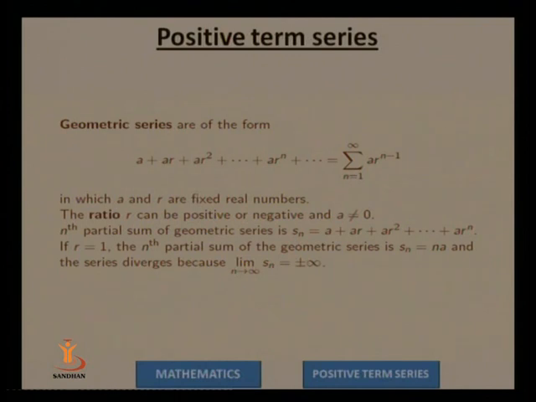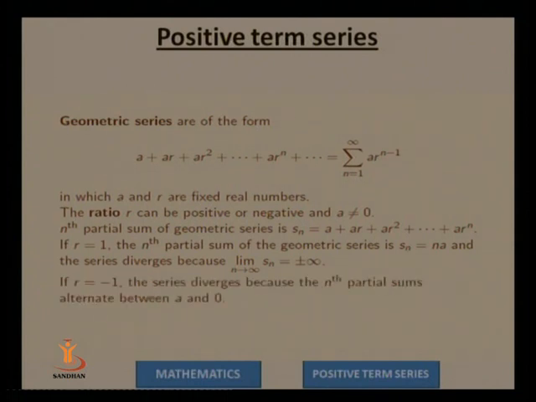If r is equal to 1, then the partial sum Sn is nothing but n times a, because in each and every term r is equal to 1, so we have a added n times. So Sn will be na, and that series will diverge, because as n tends to infinity, according to the value of a, negative or positive, the series will go to plus infinity or minus infinity. Some authors may say that the limit of Sn does not exist.